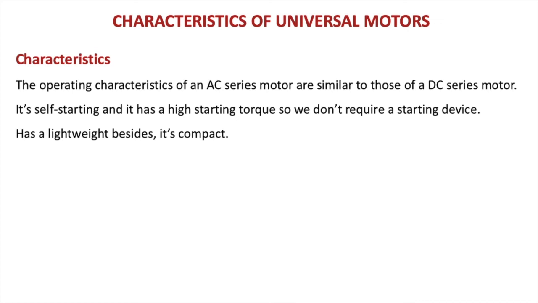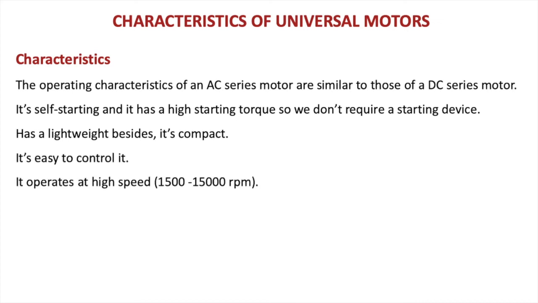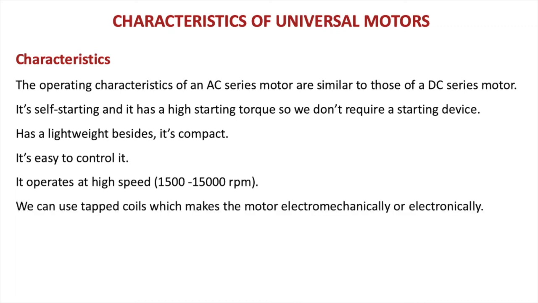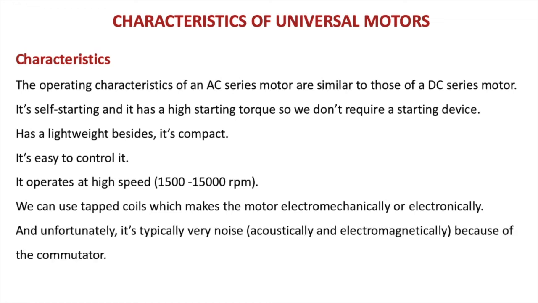It is lightweight, compact, easy to control, and operates at high speed from 1500 to 15,000 RPM. We can use tapped coils, which make the motor electromechanically or electronically better, but unfortunately it's typically very noisy acoustically and electromagnetically because of the commutator and brush ring. The power factor is about 90% at full load.